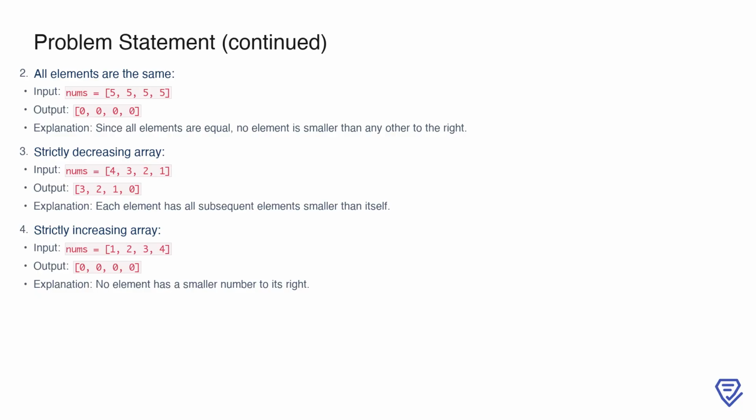For a strictly decreasing array like nums equals 4, 3, 2, 1, every element has all subsequent elements smaller than itself, resulting in 3, 2, 1, 0. Conversely, in a strictly increasing array like nums equals 1, 2, 3, 4, no element has a smaller number to its right, so the output is 0, 0, 0, 0. Understanding these edge cases is crucial for developing a robust solution that handles all possible scenarios effectively.